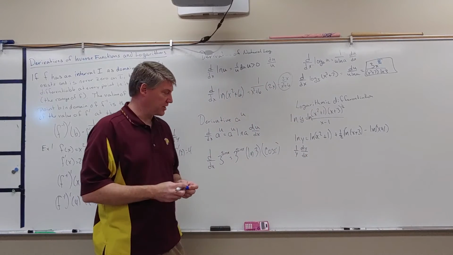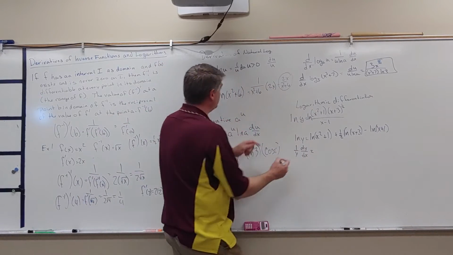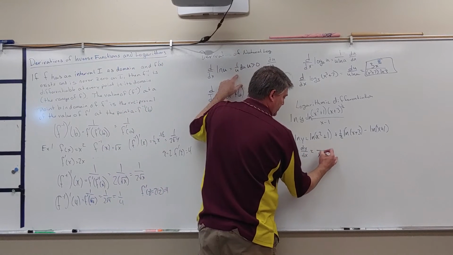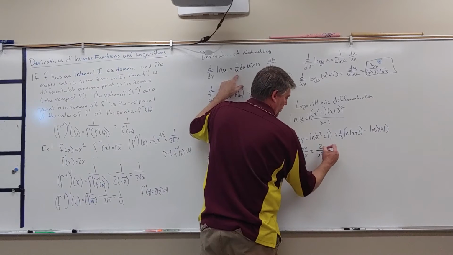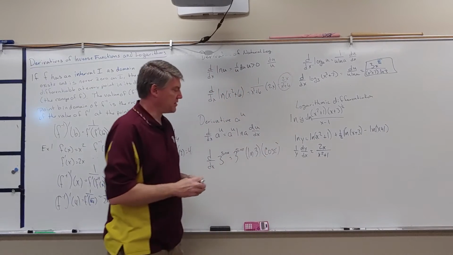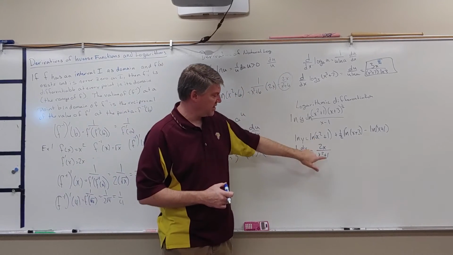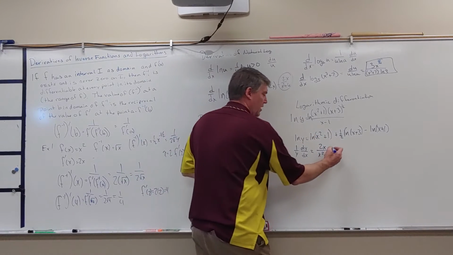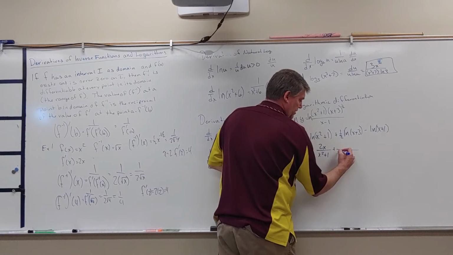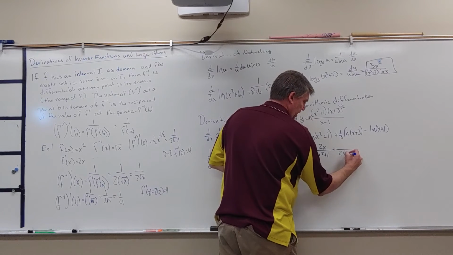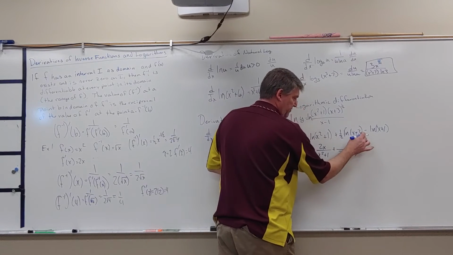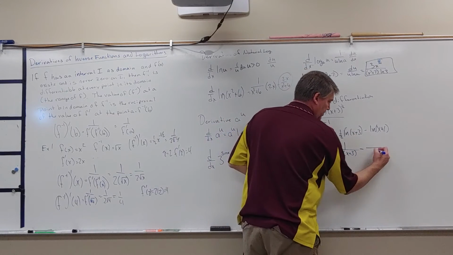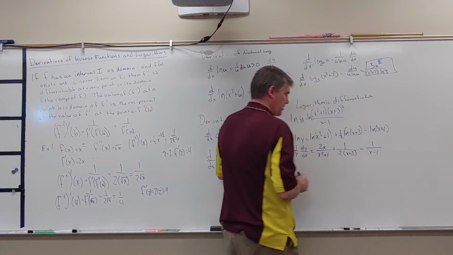Implicit differentiation, equals, going back here, x squared plus 1, so 2x goes on top because I'm going to take the inside, put it on the bottom, take the derivative of the inside, put it on top, plus 1 over 2 times x plus 3, and the derivative of x plus 3 is 1, minus 1 over x minus 1.